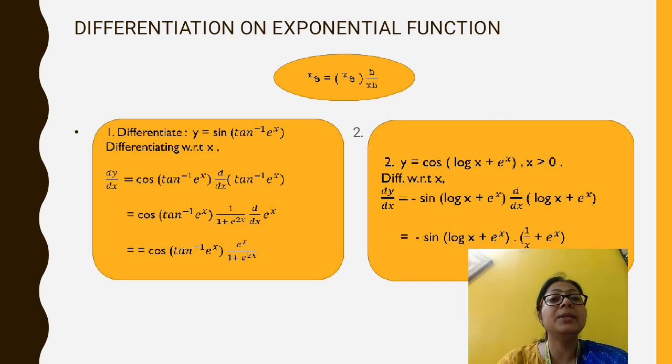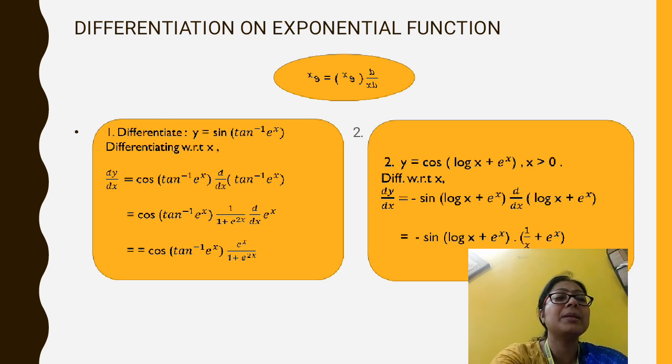Then derivative of this part, since it is not just x, you have to do the derivative again. So d/dx of tan inverse e to the power x. Cos tan inverse e to the power x stays the same. Then the derivative of tan inverse x is 1 by 1 plus x square. So 1 by 1 plus e to the power x whole square.